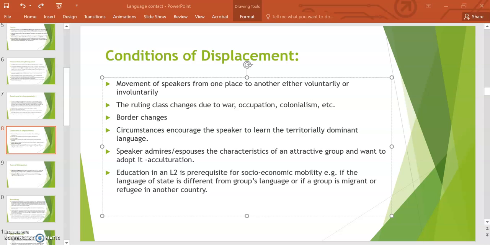Those characteristics may be that they are politically dominant, they are socio-economically better off, or such other. They are more confident, they have more stakes in the running of the state and administration and so on. Whatever they feel is attractive towards that group. And that becomes a reason for them to learn their language as well as adopt certain cultural features from that culture.